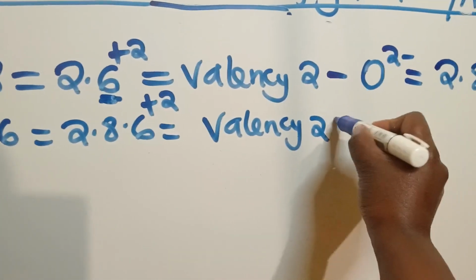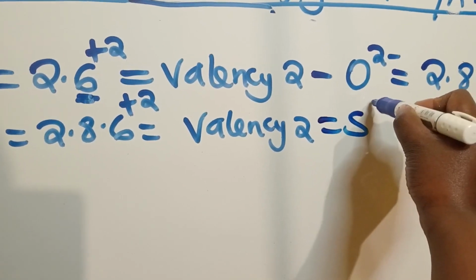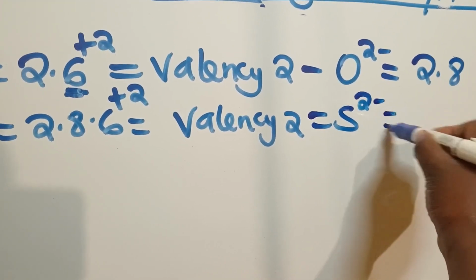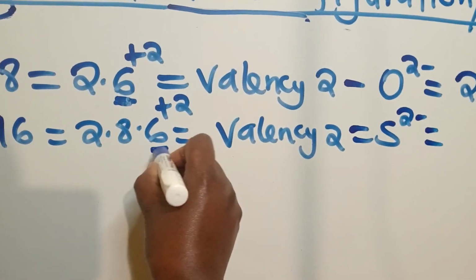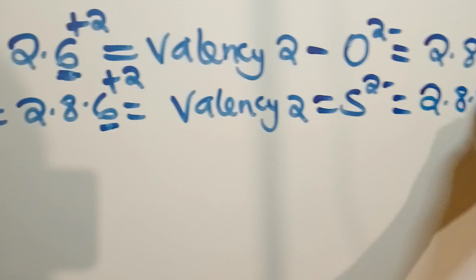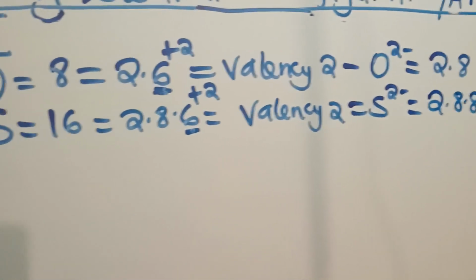For sulfur, it will have a capital S 2 negative, the sulfide ion. Again, this energy level will be full with 8, so ionic configuration will be 2.8.8.